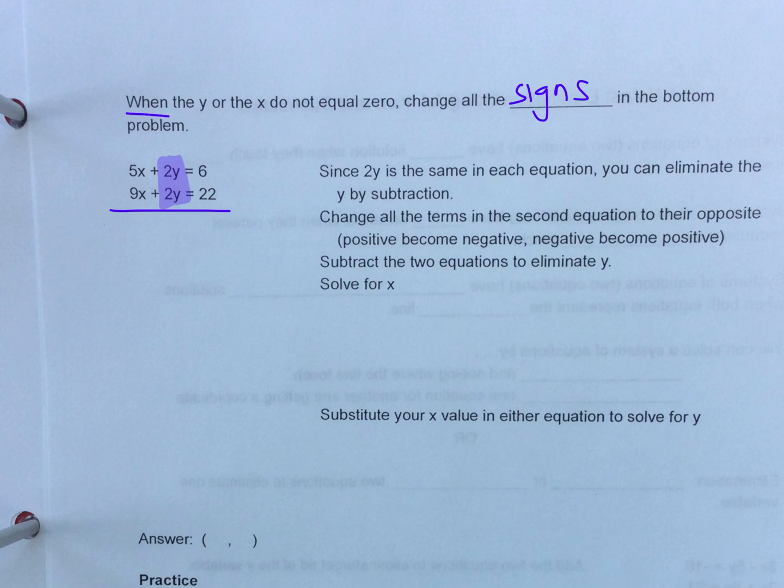So if I make my 9x a negative, and my 2y a negative, and my 22 a negative, that makes that legal.